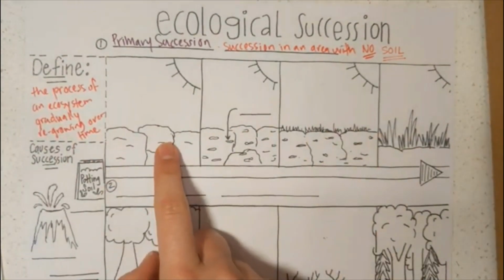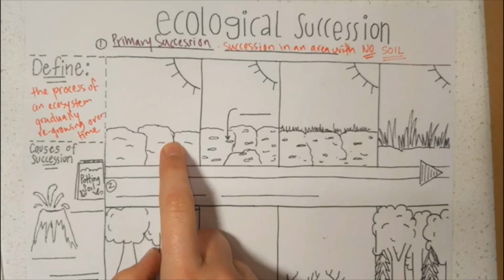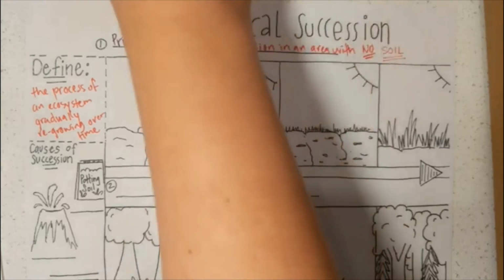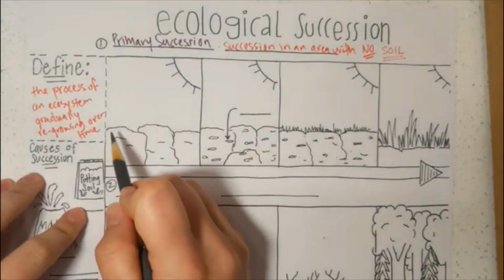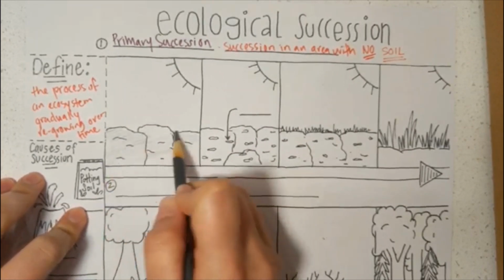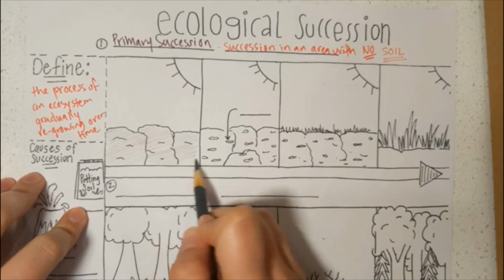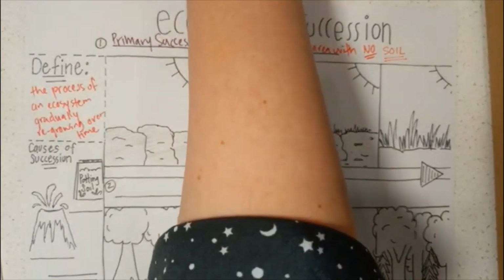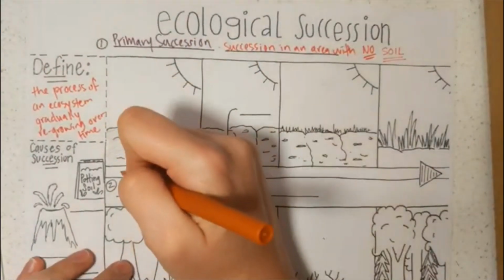So with primary succession, as I said, it starts with bare rock. So I'm going to take my gray and just kind of shade in my rocks to remind myself that, oh yes, these are rocks. And I'm going to label that this is bare rock.